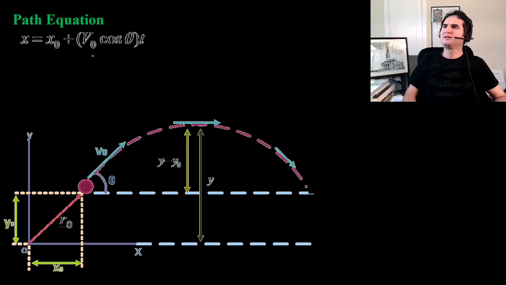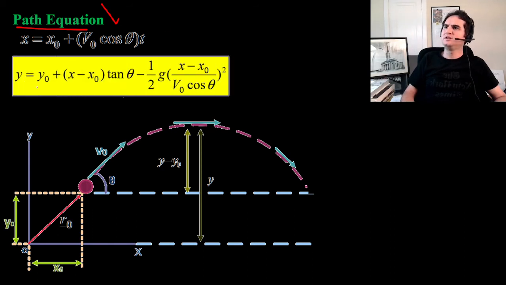Let's talk about the path equation, the travel equation. X is equal to x naught plus v naught cosine of theta times t, and y is equal to y naught plus x minus x naught in parentheses times tangent of theta minus a half of g times this part to the power of 2.